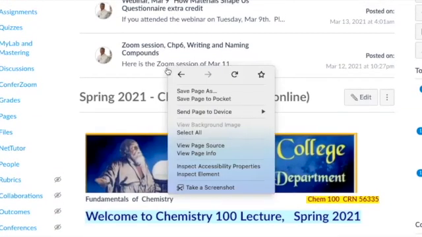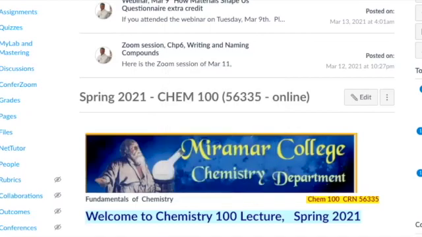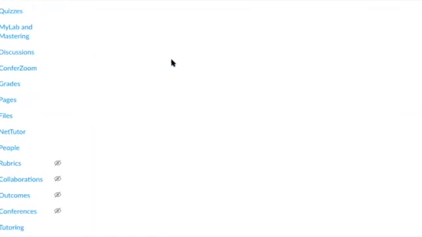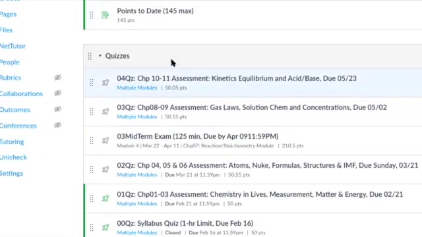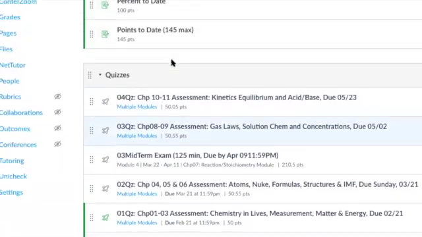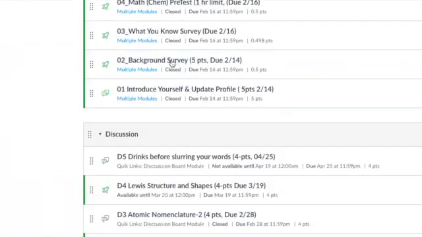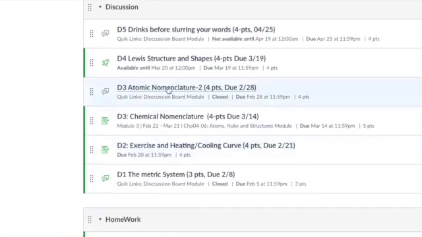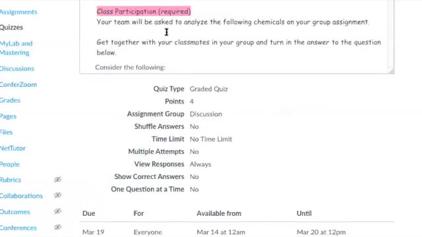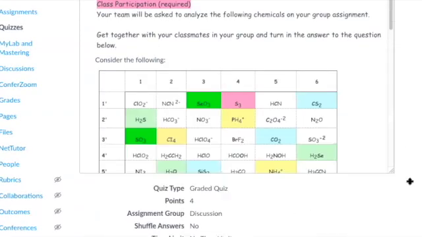Just find that real quick in the announcement page. It's under here, this one right here, was the group work.